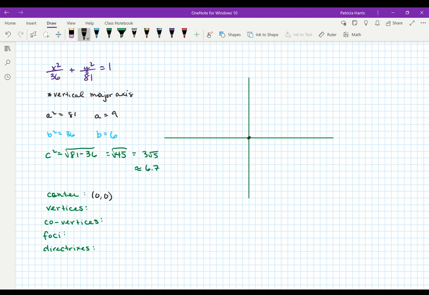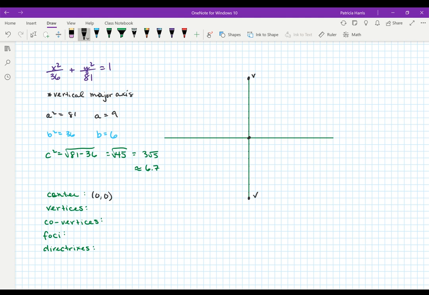Okay, I'm going to count out 9 up and down. 1, 2, 3, 4, 5, 6, 7, 8, 9. So that's a vertice. 1, 2, 3, 4, 5, 6, 7, 8, 9. That's another vertice. Probably should have made my graph a little bit bigger.